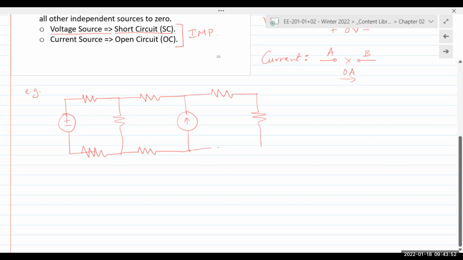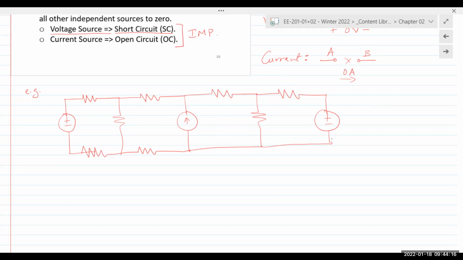Actually, you know what? Put in one more over here. Now, it doesn't matter where the source is in the circuit. So you have a circuit with 3 sources, 2 voltage sources, and 1 current source. And we're asked to analyze this circuit using the superposition principle.